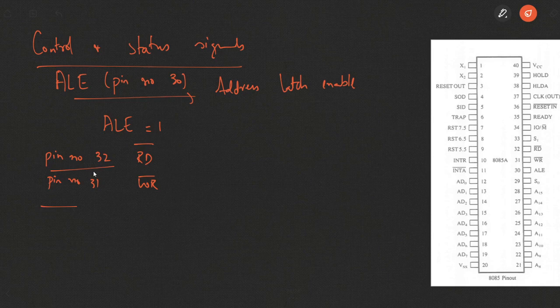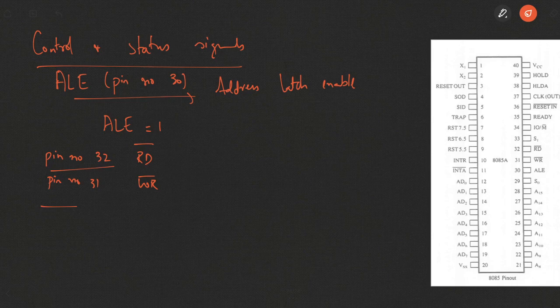That means they will be active for low states. So pin number 32 will be the read control signal, and pin number 31, that's WR, will be the write control signal, and they will be active low.